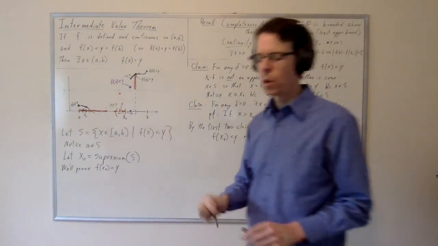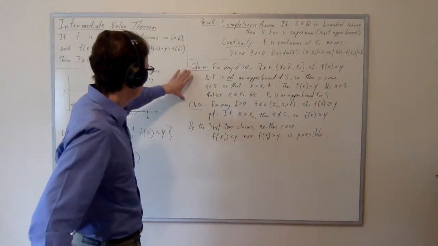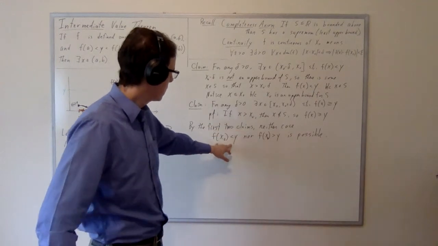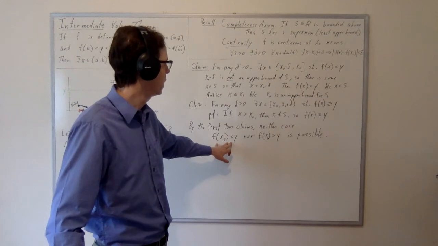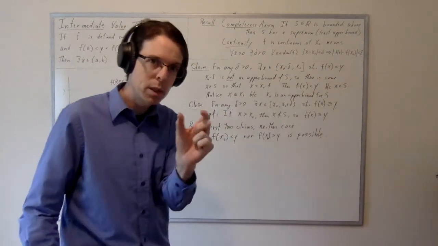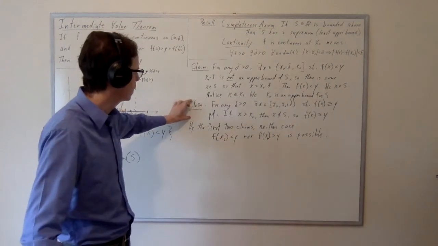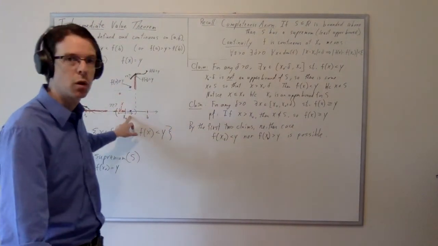I want to go over this one more time because this is confusing. Not these two claims, but the ones I erased. By the first two claims, the first says if f of x naught were less than y, then we would have a delta neighborhood for which it is uniformly less than y. But then that would contradict this property here, that to the right of it, we get values greater than or equal to y.